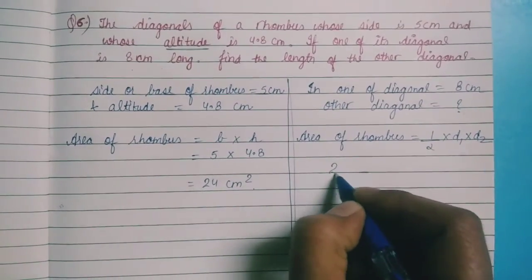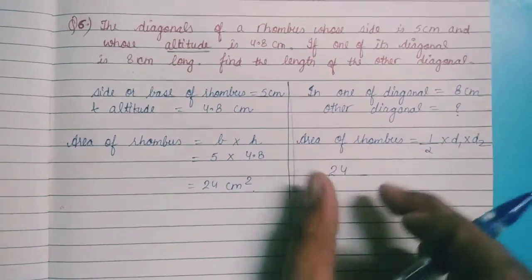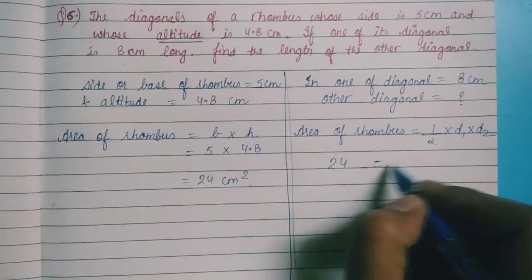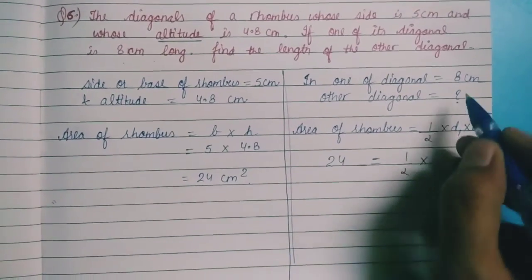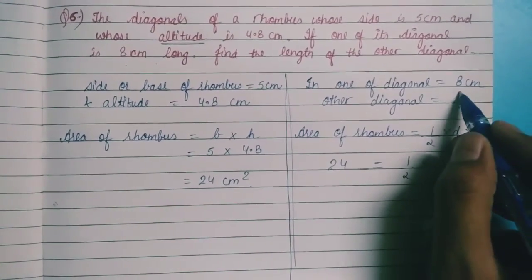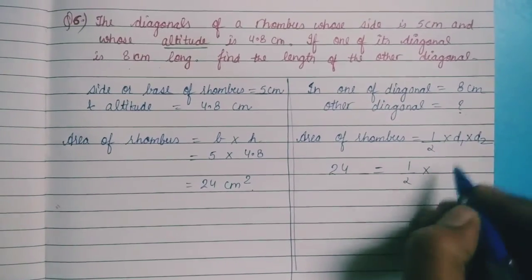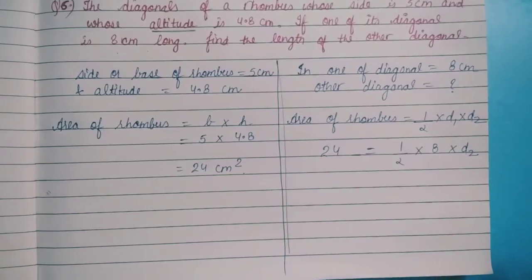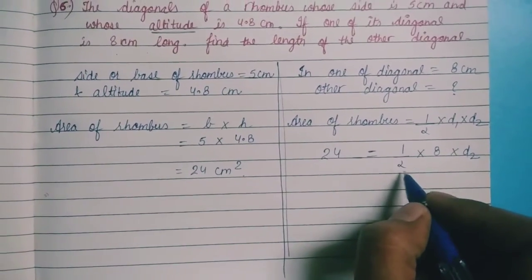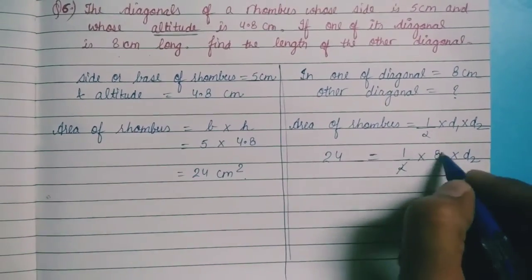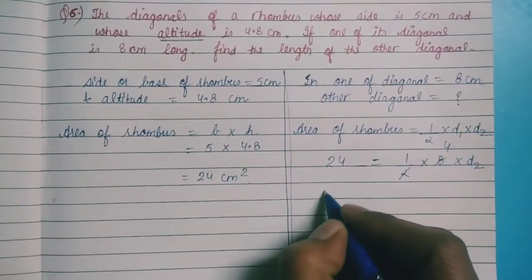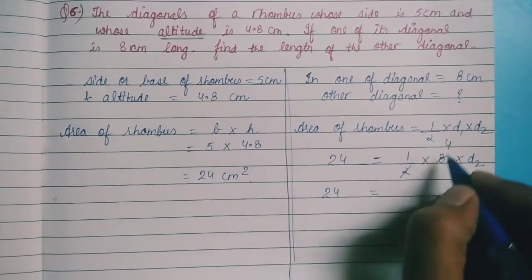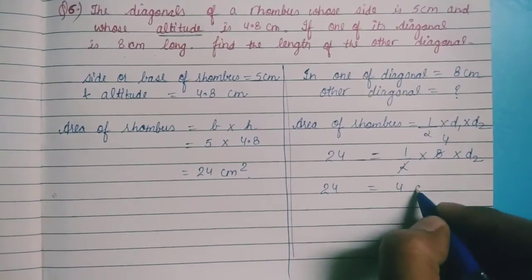So 24 will come in the place of the area of the rhombus, and here we have half. One of the diagonals is 8, so in the place of d1, 8 will come and d2 will remain as it is. We can easily reduce 8 by 2, that will give us 4. So 24 is equal to 4 into d2.